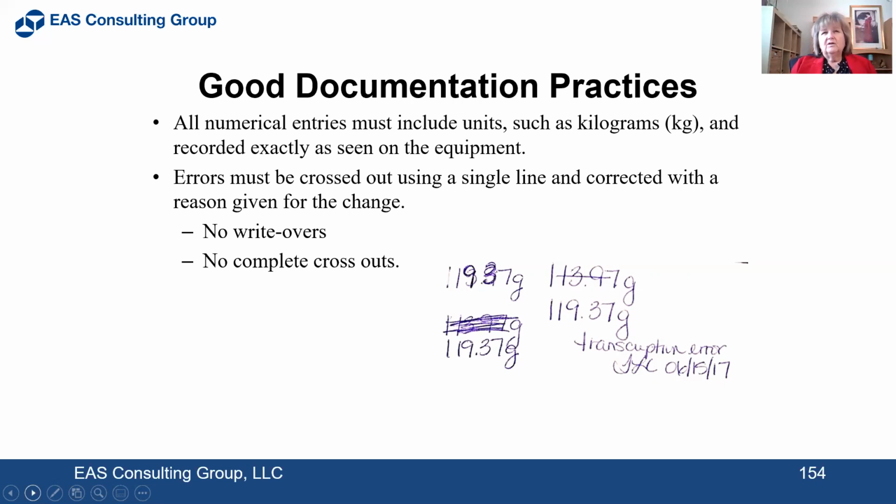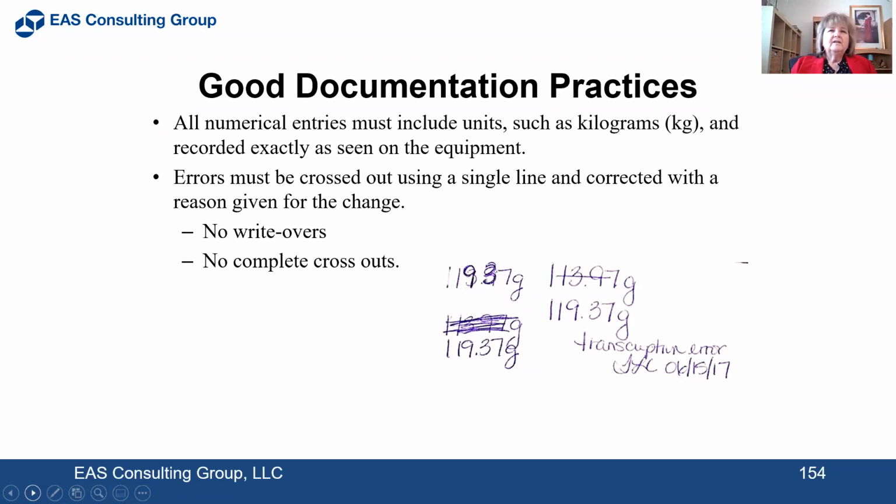We can't tell what the original entry was. We must be able to see what the original entry was. Down below on the left, they wrote in the wrong thing, transposed some numbers, so they scribbled over it. Again, that's a no-no, can't scribble over it, have to leave it. So the one on the right-hand side is the way that it should be done.